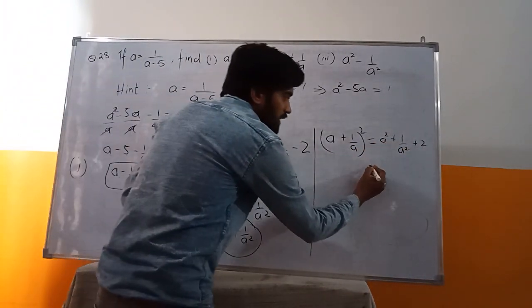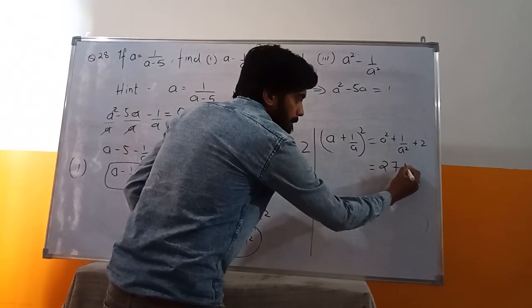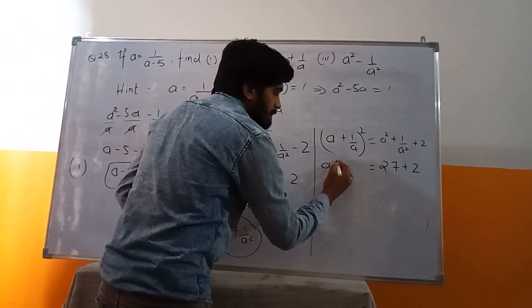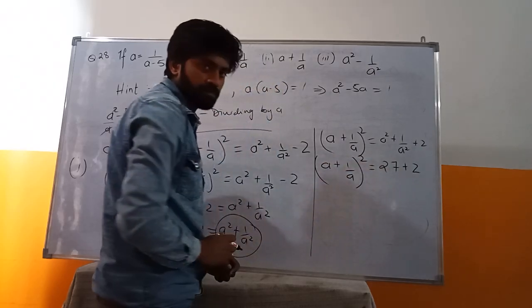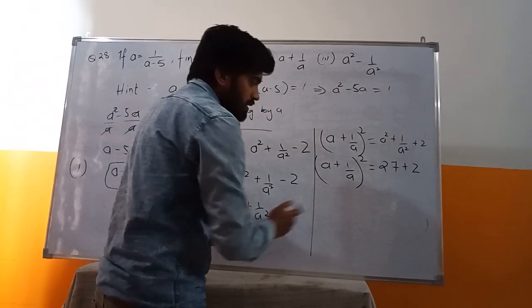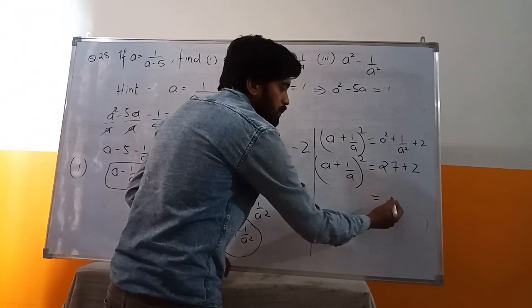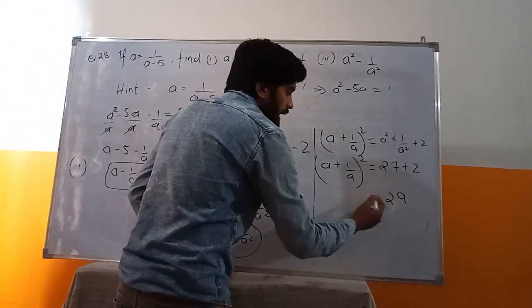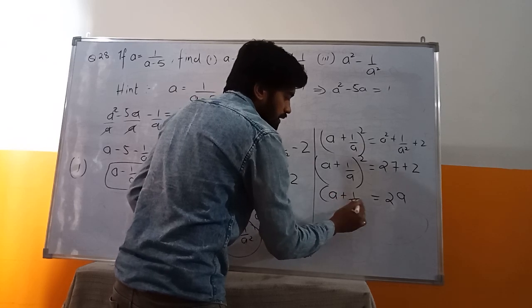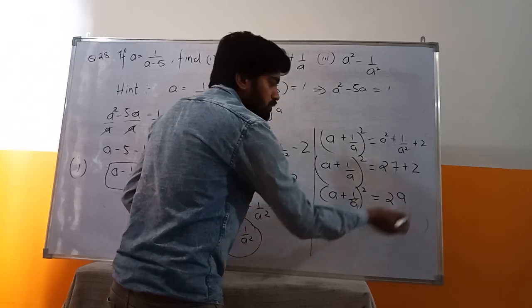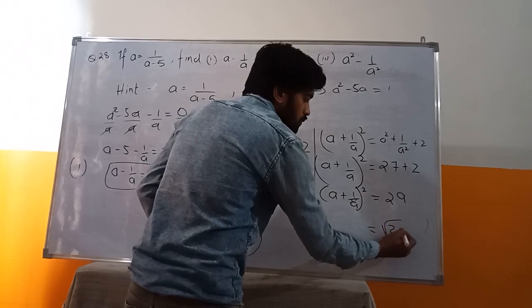Okay, so what's the value I have? 27 plus 2. That is a plus 1 upon a whole square. I hope everyone is able to see this. Now 27 plus 2 becomes 29, and a plus 1 upon a whole square. Now the square goes to that side and becomes root 29.